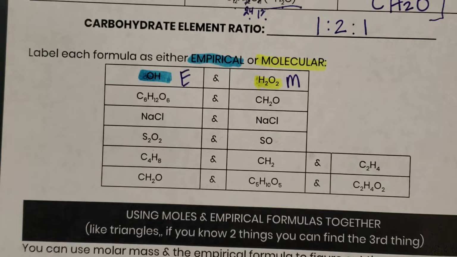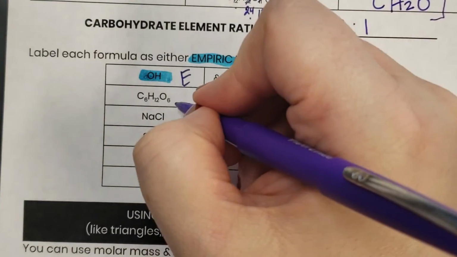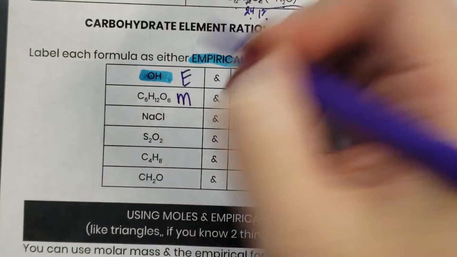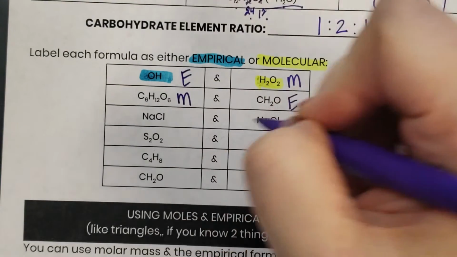Okay, hopefully you paused and you tried, and if you didn't, you cheater, go try it for yourself. All right, so the answers here are going to be, this is the non-reduced, so this is molecular, this is the reduced, so this is the empirical.